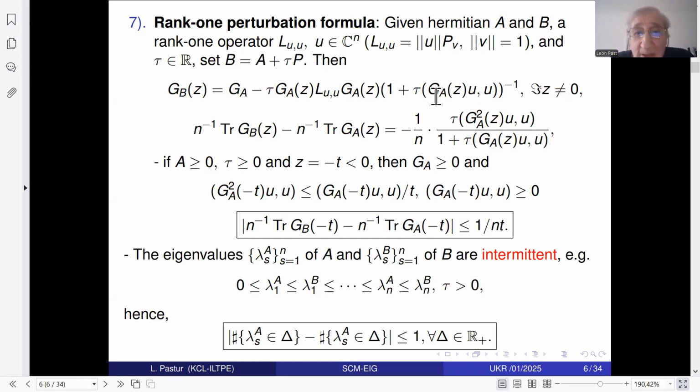Given this formula, which I believe will be explained in your exercises, we can easily compute the trace of the difference of the two matrices, perturbed and unperturbed. And you see, this is quite a nice and explicit expression for the difference.